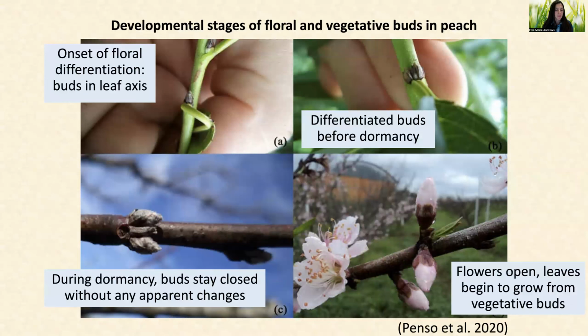Then during dormancy, buds stay closed without any apparent changes. And then finally, flowers begin to open when they break dormancy. The leaves begin to grow from the vegetative buds, and just activity and growth tends to pick up. So you probably noticed this before on plants, but this is the typical way that floral and vegetative buds develop over time.